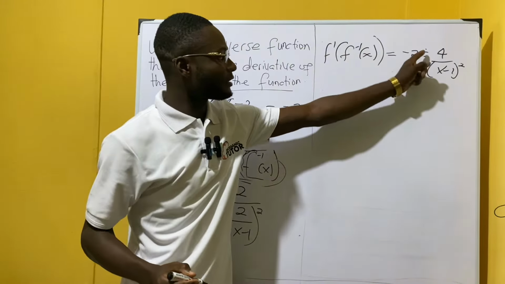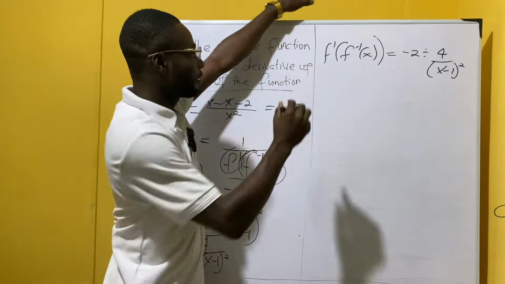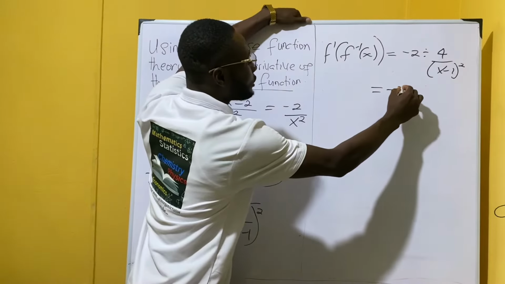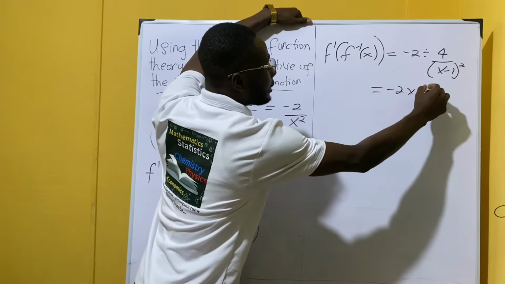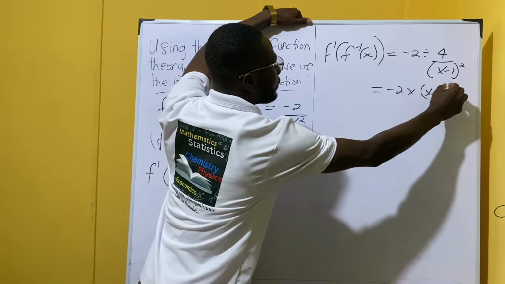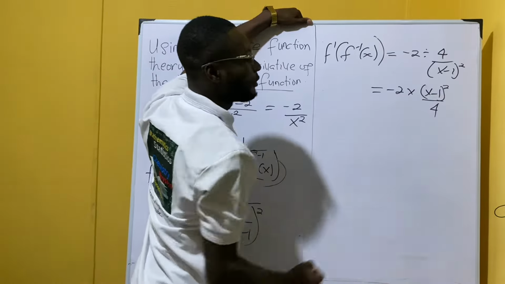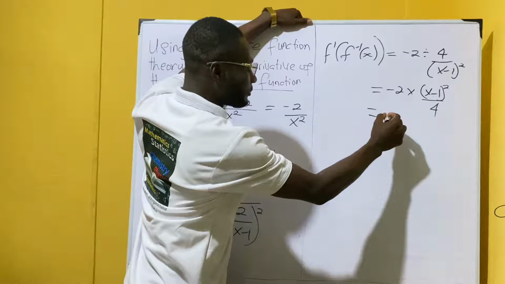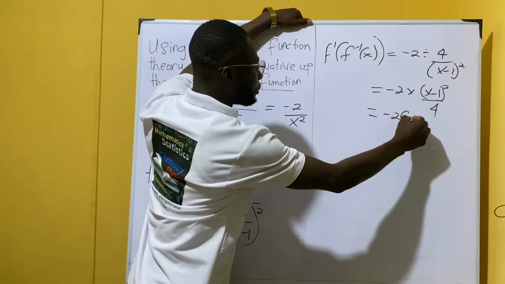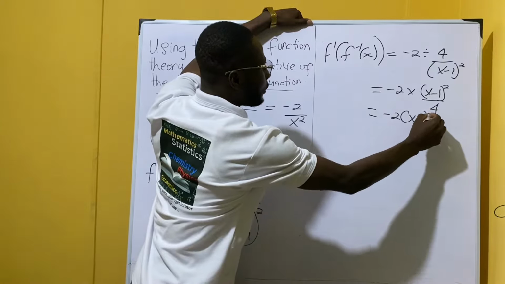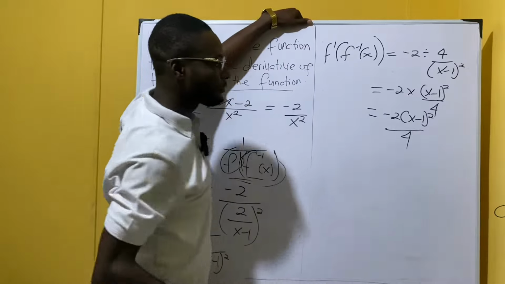So if this is our normal operations, then we're going to have minus 2 times x minus 1 all squared over 4, right? So this is basically going to be minus 2 into x minus 1 all squared over 4, right?